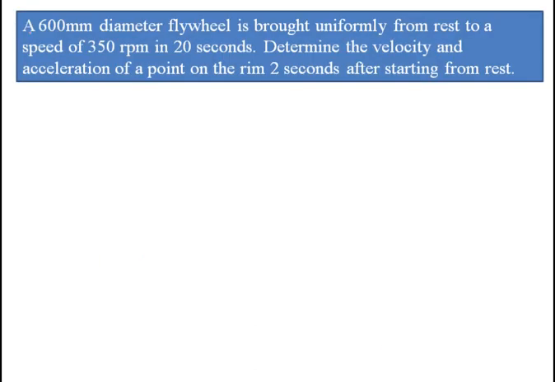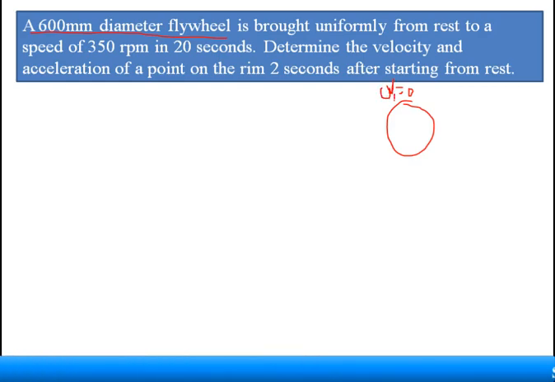Here we have a 600 mm diameter flywheel which is brought uniformly from rest. It starts from rest, where the initial velocity is 0, but it is an angular one. So the initial angular velocity is 0, and the speed reaches 350 rpm in 20 seconds.